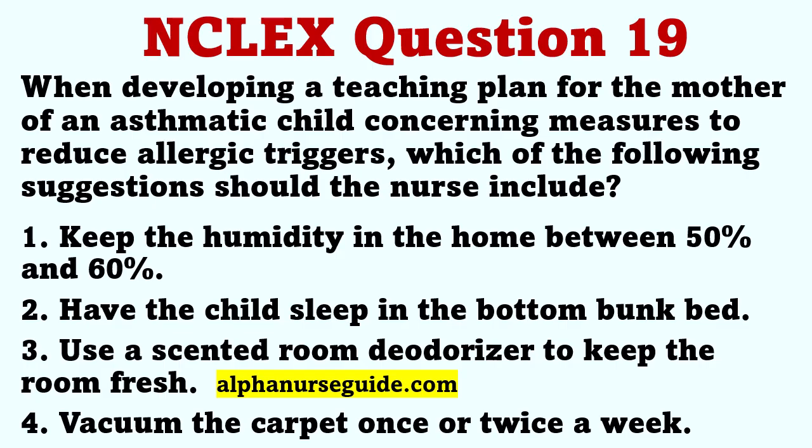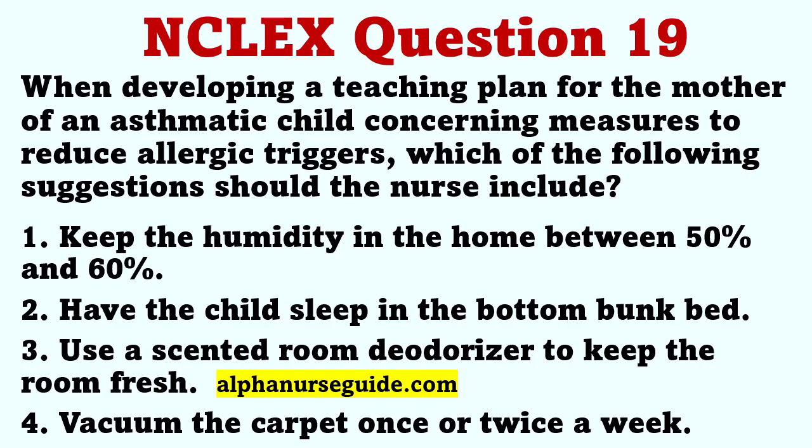To help reduce allergic triggers in the home, the nurse should recommend that the humidity level be kept between 50% and 60%. Doing so keeps the air moist and comfortable for breathing. When air is dry, the risk for respiratory infections increases. Too high a level of humidity increases the risk for mold growth. Typically, the child with asthma should sleep in the top bunk bed to minimize the risk of exposure to dust mites.